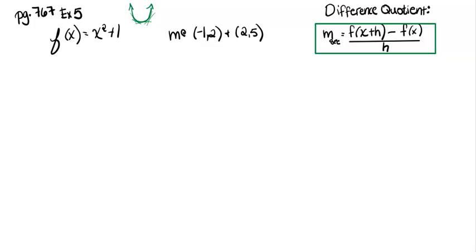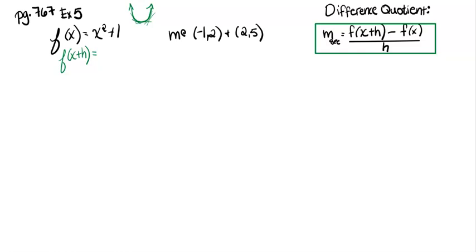We are going to use that to find a general formula or equation for the slope of this function x squared plus 1. So in order to do that, we need to first figure out what f of x plus h is. I like to write it down so it's clear, so I don't mess up later.